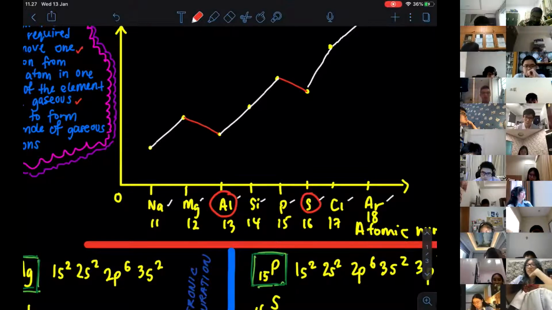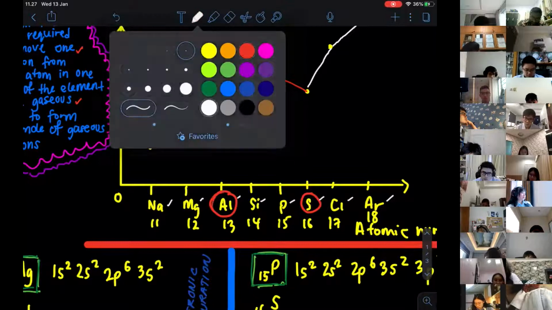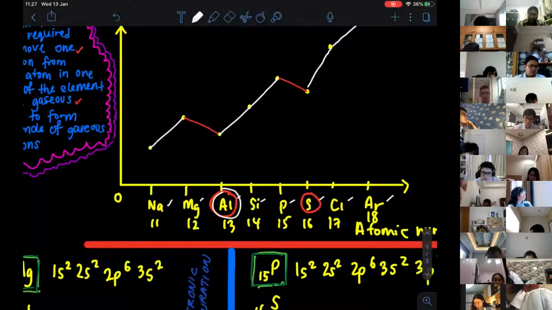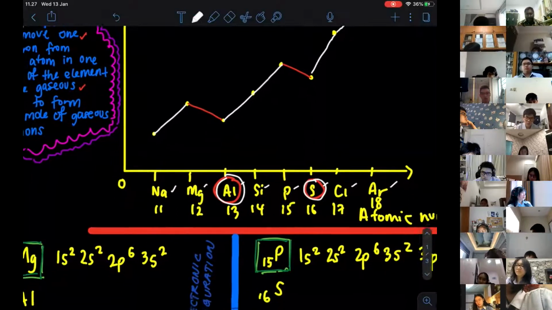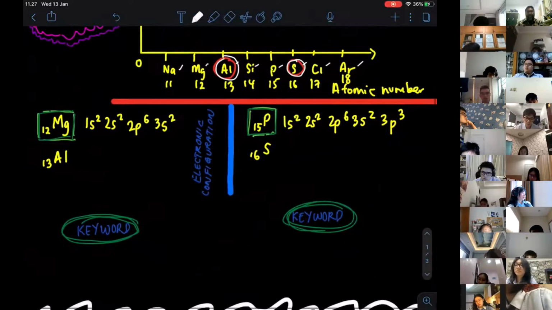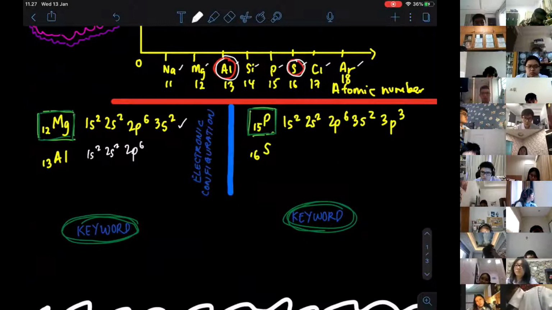But there are abnormalities from magnesium to aluminium, so we need to look into that, and then from phosphorus to sulfur. In order to do that, we need to look at our electronic configuration. If I write down the electronic configuration for magnesium, and for aluminium, it is 1s2, 2s2, 2p6, 3s2, and 3p1.